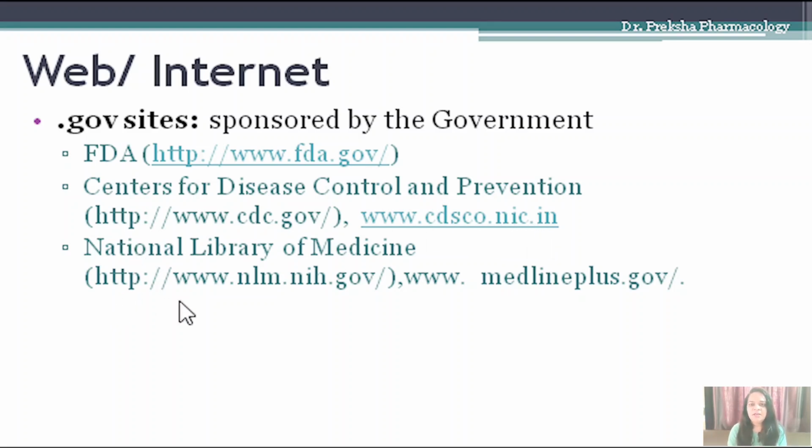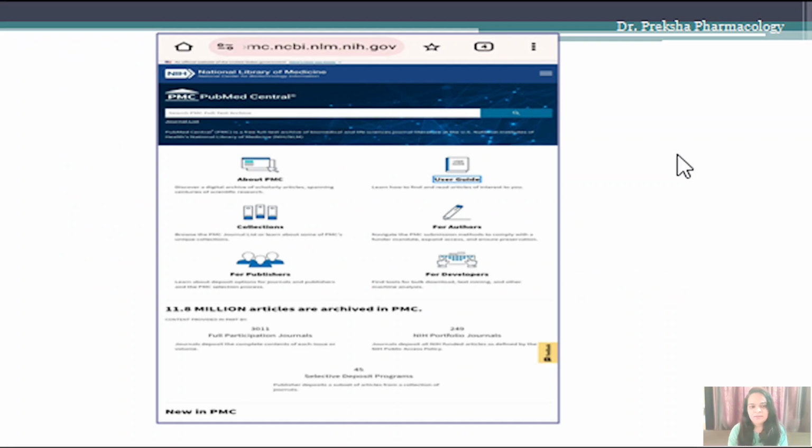Then the National Library of Medicine, www.nlm.nih.gov, or www.medlineplus.gov. All those websites which have .gov in their web address are sponsored by the government, and these are again non-commercial sources of drug information.